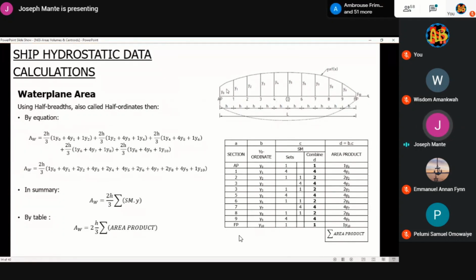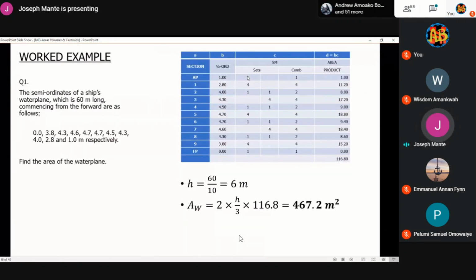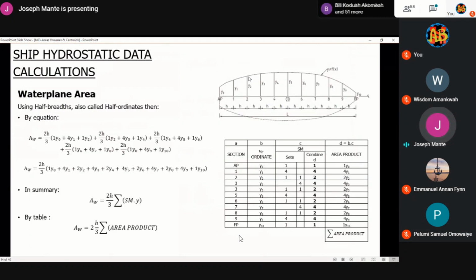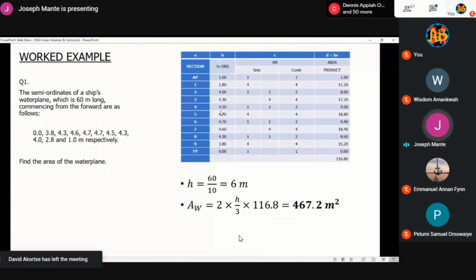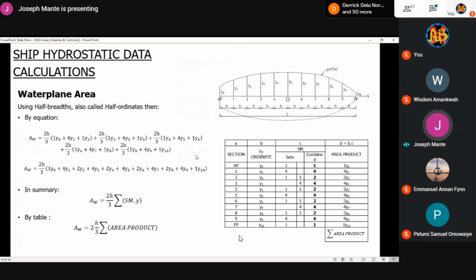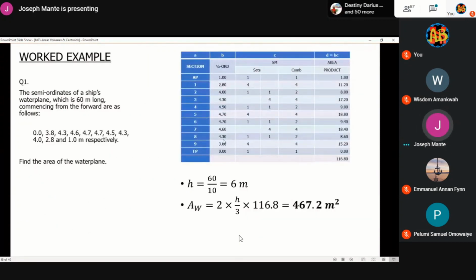When you go to 2, from the midship to this particular end becomes 2.8. Then from the 3 to the plating becomes 4.0. So that is the half coordinate. You put all the half coordinates there. Then you go to the forward perpendicular, at the end part at the dot there. That becomes the forward perpendicular, so you are having 0.00.